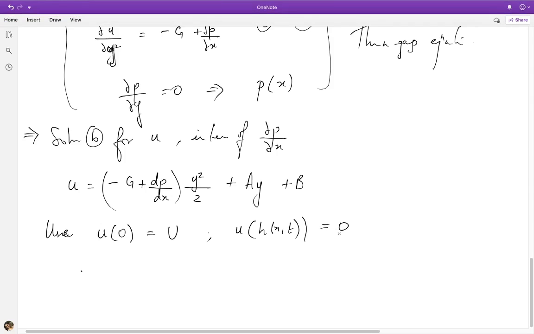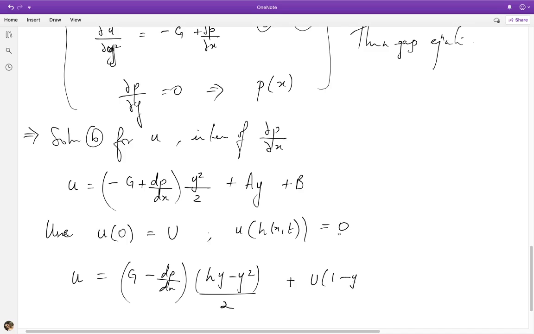And so you should be able to show that from here the expression for u is just g minus dp dx, where g, remember, is the imposed driving pressure gradient if there is one. Yes, there you have it.